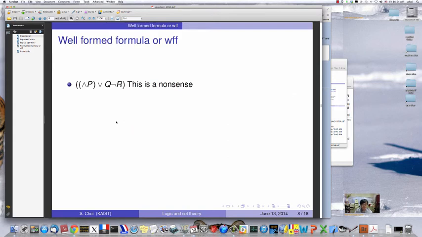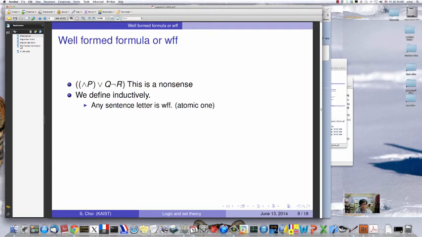Okay, so well-formed formula, or WFF. If you see something like this, then this is nonsense, because this is a unary operator, but you have two connectives, so it's written as binary. So this is nonsense. We can define any well-formed formula inductively. Negation is called unary, and these are always called binary operators.